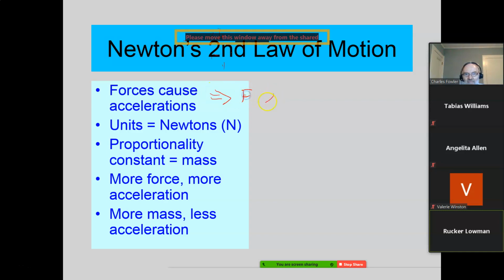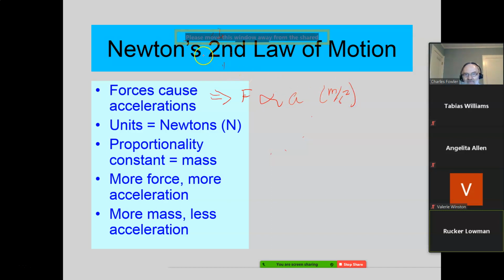This is saying force is proportional to acceleration. That's your good old directly proportional to. Forces cause acceleration. Okay? The unit for force is a Newton. We're going to get into that later. Unit for acceleration, we know that. That is always a distance divided by time squared. Okay? So this is going to be, let's just do it in SI units, meters per second squared.